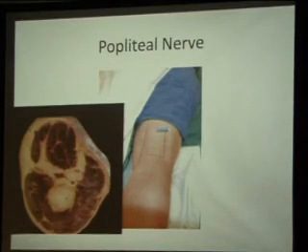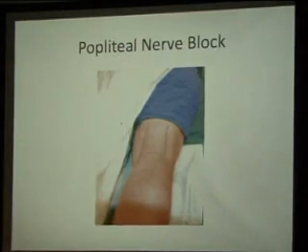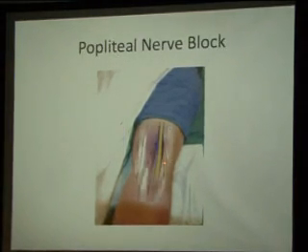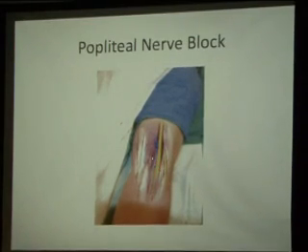In the popliteal fossa, you can see the sciatic nerve as it comes down the popliteal fossa. It then divides into its 2 components, the posterior tibial and the common peroneal.